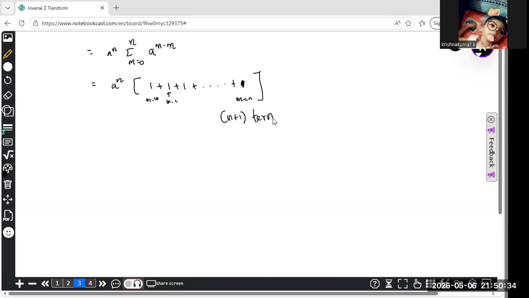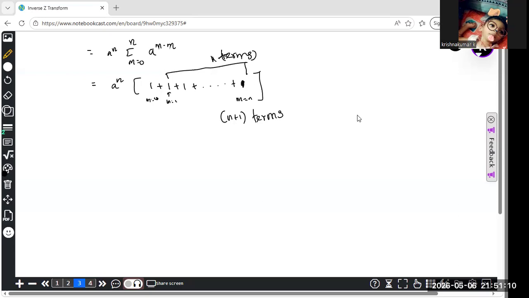From m equal to 1 to m equal to n we have n terms, and when m is equal to 0, we have another term. So the total number of terms is n plus 1.